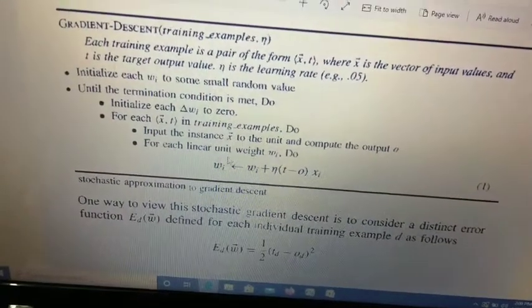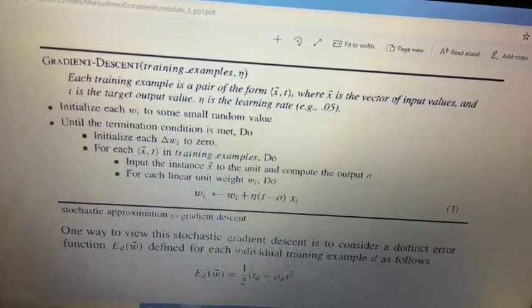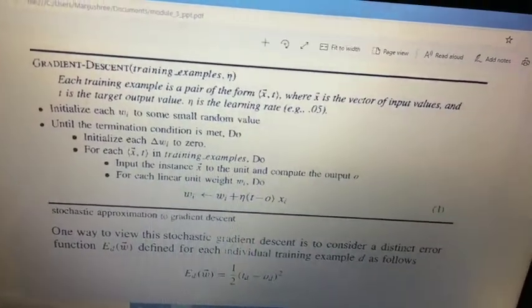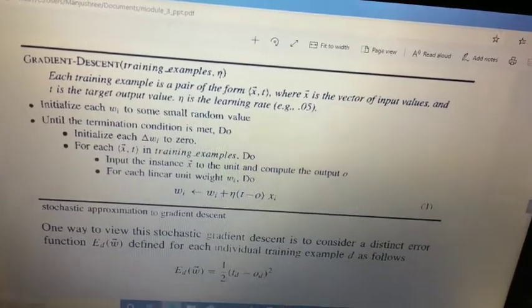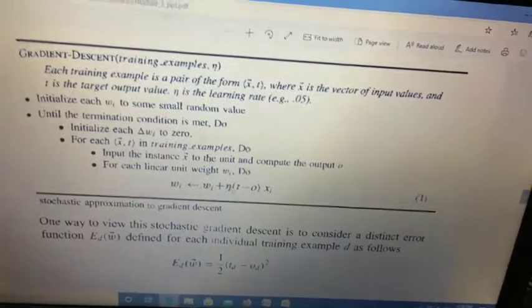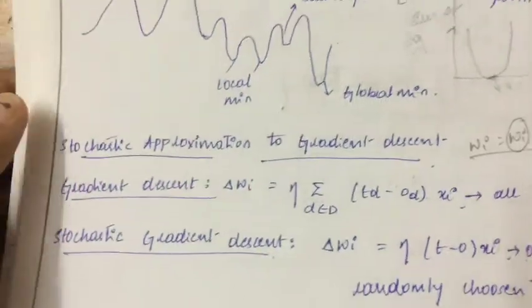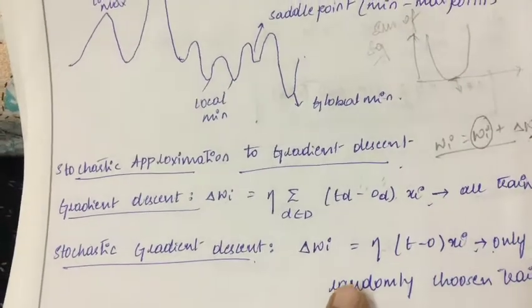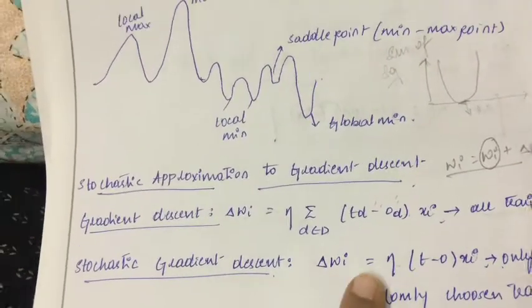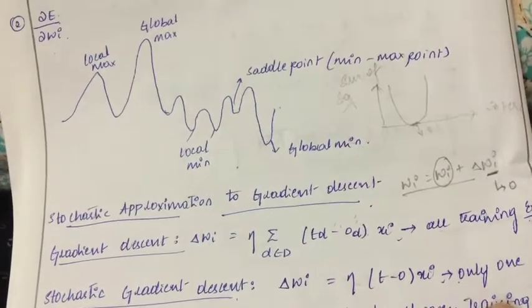Next is, for each linear unit weight wi, see here the wi formula. Here wi is equal to wi plus delta wi, and this is the formula for delta wi. So what is the delta wi formula in a stochastic approximation? If I consider just the gradient descent, the delta wi formula would be this. But since I have applied a stochastic gradient descent algorithm, the delta wi formula will be eta times (t minus o) times xi.